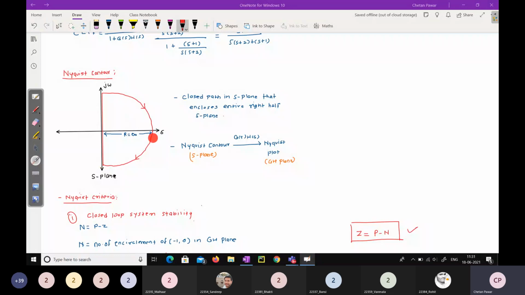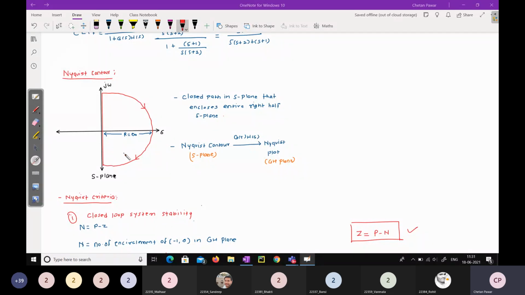So why are we choosing this Nyquist contour on the right hand side of the S plane? Because we need to find out the closed loop poles which are in the right hand side of the S plane. That's why we are choosing the Nyquist contour like this.